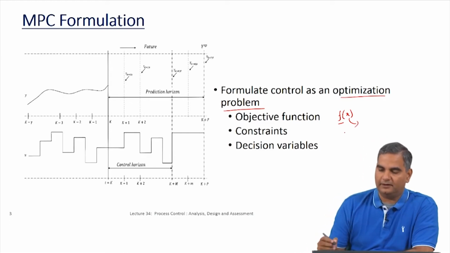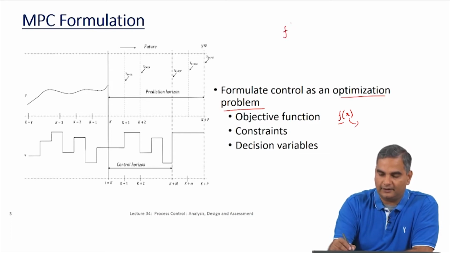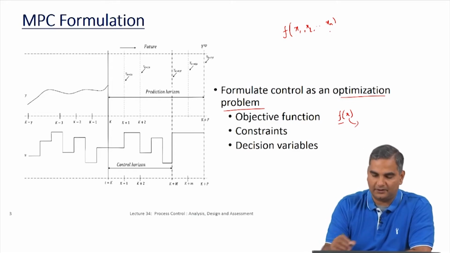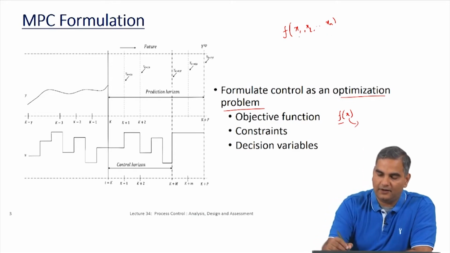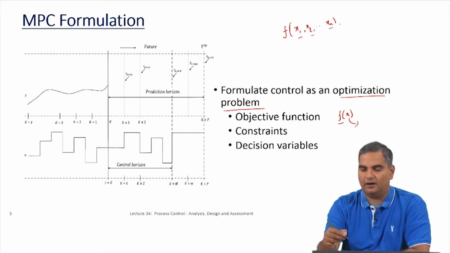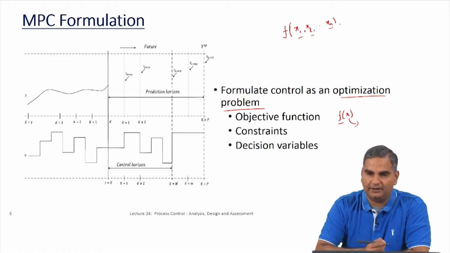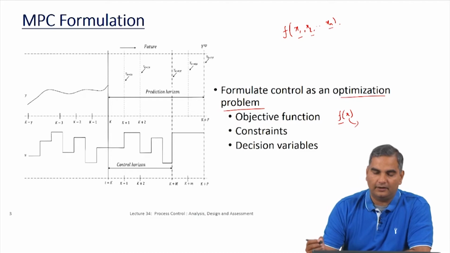So, typically an objective function for the cases that we are looking at will look like this. There is some function of x1, x2 all the way up to xn. So, there might be n variables, m variables, whatever it is. So, this is an objective function, and now we call these variables which are part of this function, and we are basically looking for what these variables should take in terms of their values.